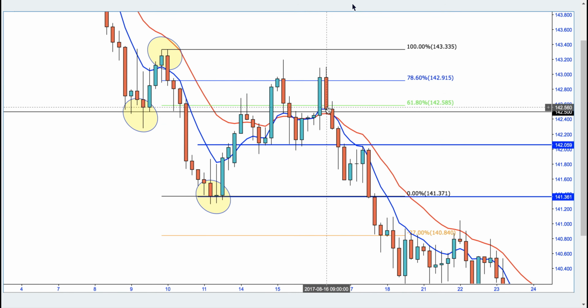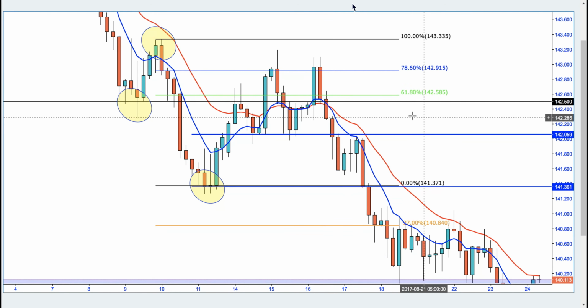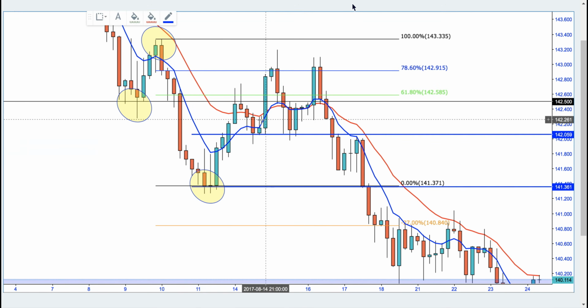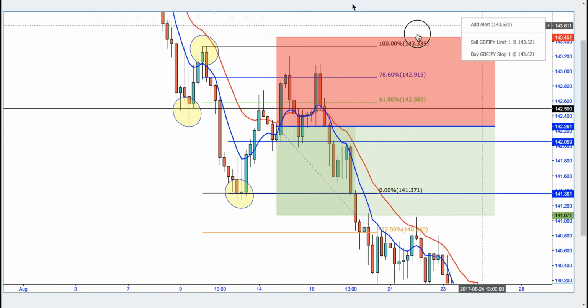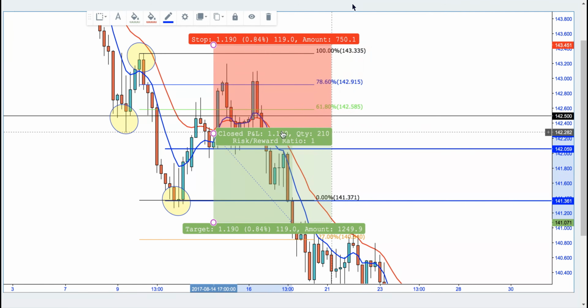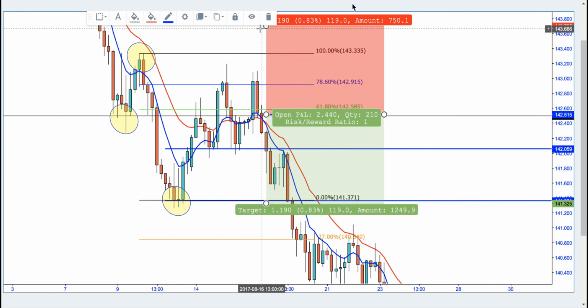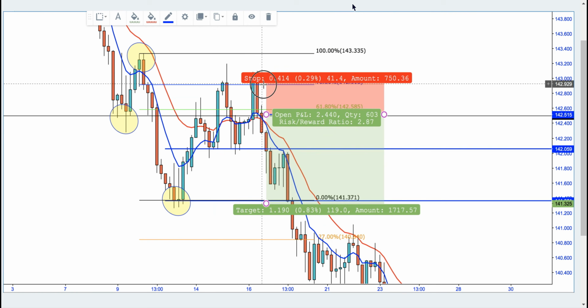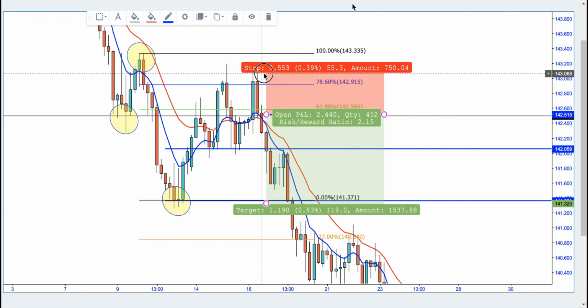There's your other entry at the bottom of that bearish engulfing. That confirms the double top formation. It confirms the second rejection of this. So your entry would have been 142.55. Your stop would have been above, as I've just mentioned, 143.06.